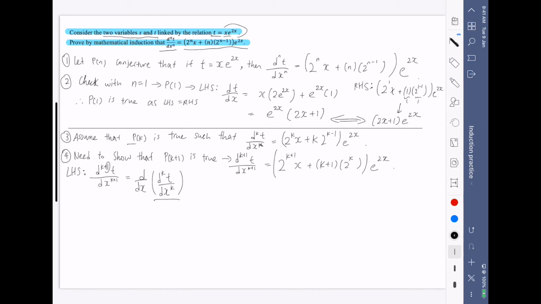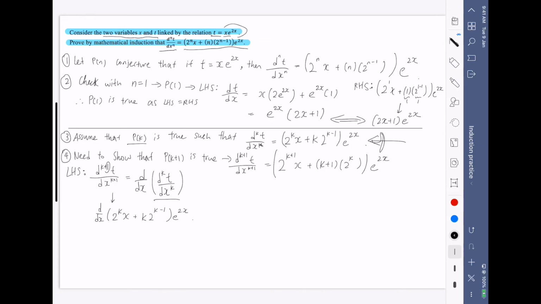Now, using Pk, if we sub it in, it literally becomes the derivative with respect to x of (2^k x plus k times 2^(k-1)) times e^(2x).